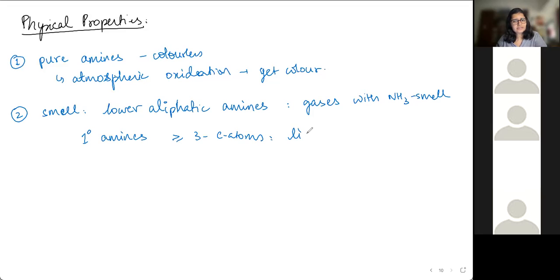They are liquids and they tend to have a fishy smell apparently. And higher amines like secondary and tertiary, if you have 7-8 carbon atom long amines, don't have any smell.